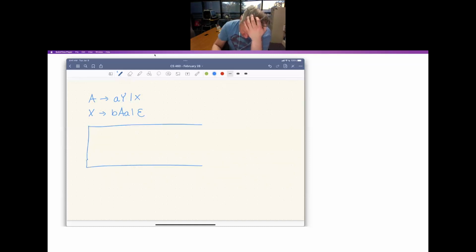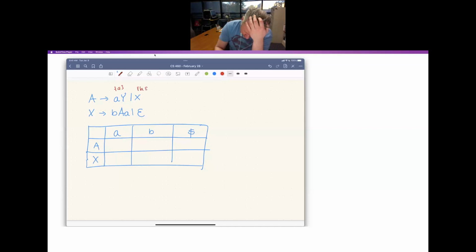Fill in my table. I have A and X, and I have a, b, and dollar. If I compute first sets, I get a, b, epsilon. First, sorry, we need some follow sets.